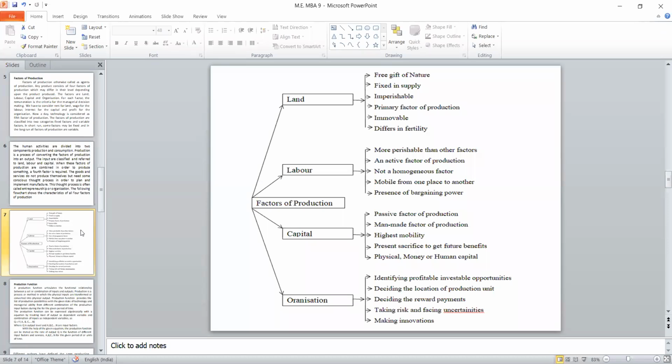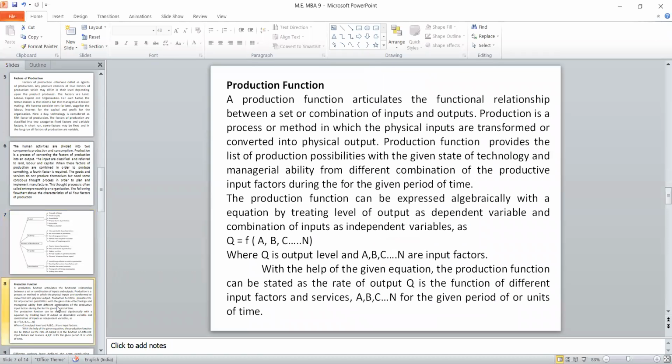Deciding the location, how much land should be used, who should be appointed, and how much money should be invested, this particular factor will administer all of these. That is why it has more power than the other three. So this hierarchy is helpful for us to understand the factors of production.